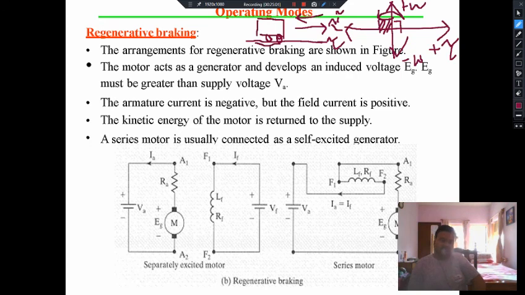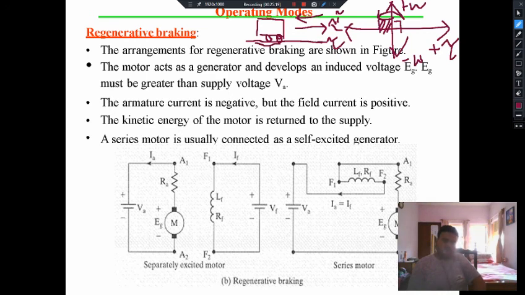So this is the main motto and the main ideology behind regenerative braking.